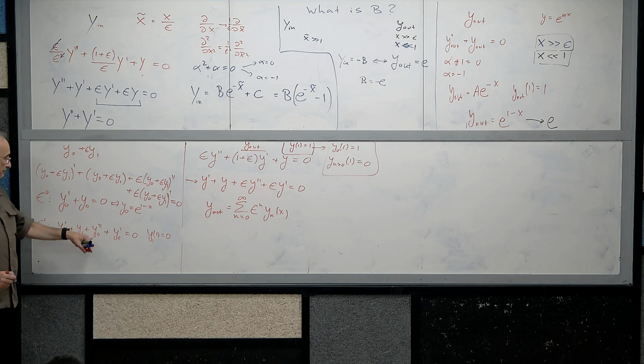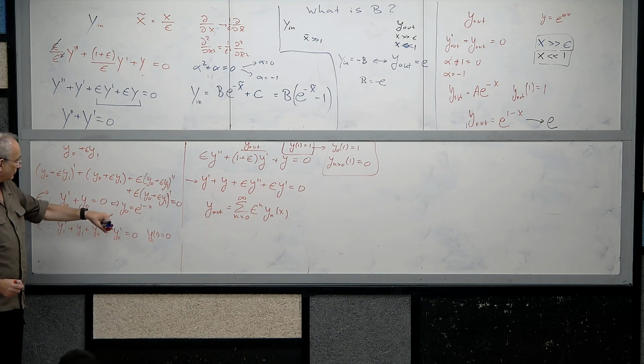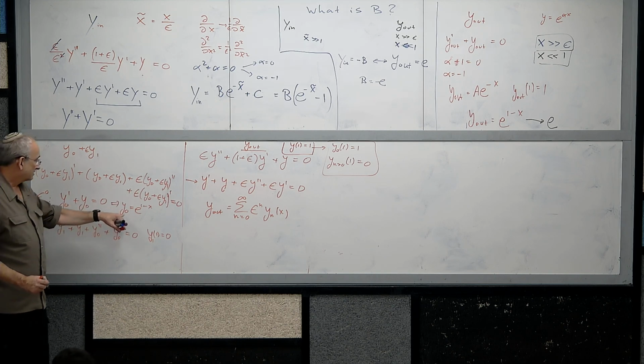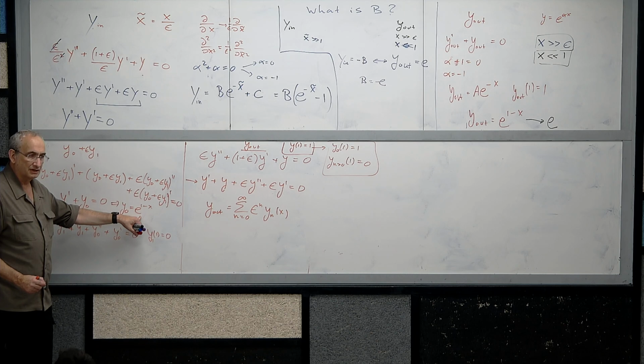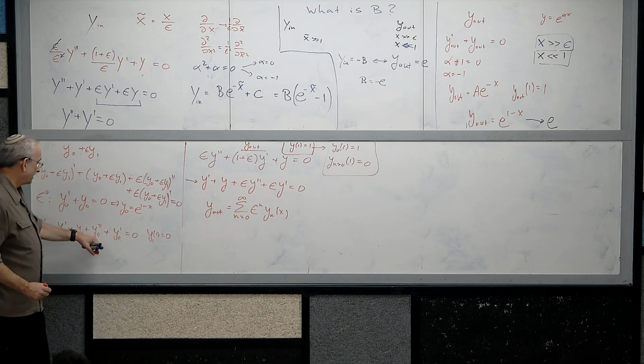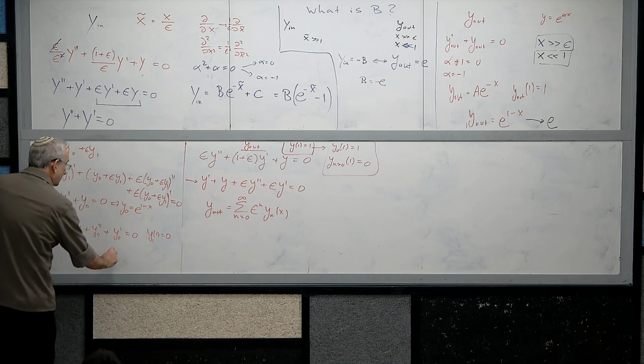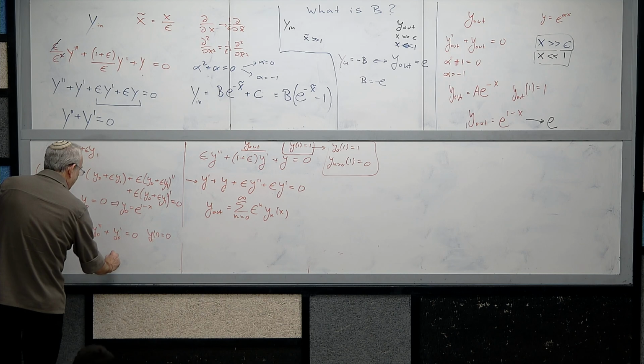But we already solved for y naught. We know what y naught is: e to the 1 minus x. So what is y naught prime? Y naught prime is minus e to the 1 minus x.